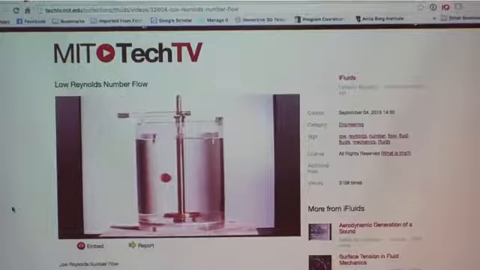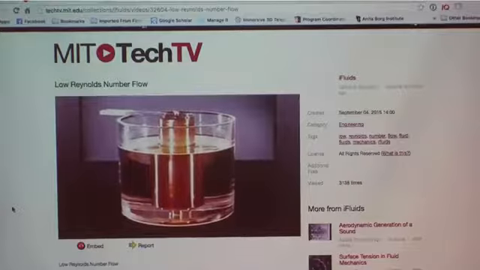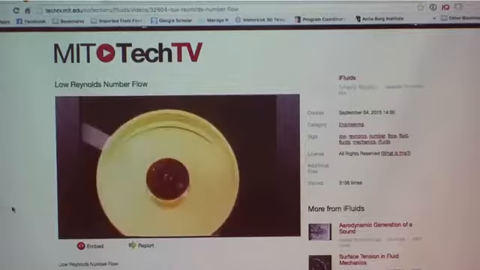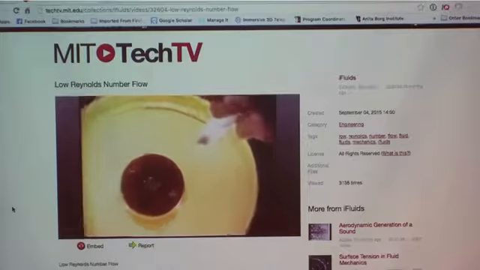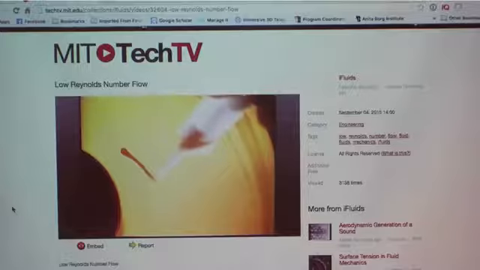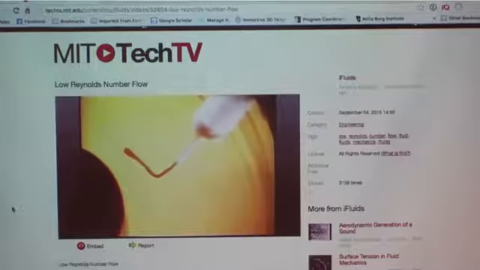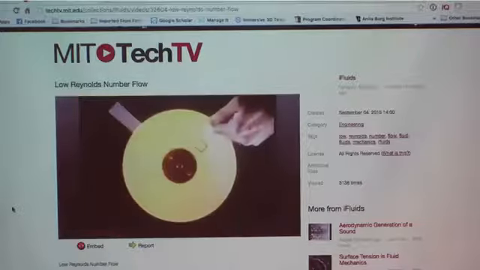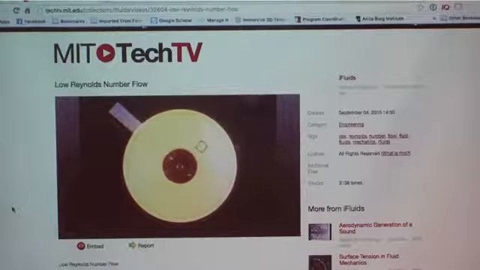To see what happens, we have a second apparatus that is filled with syrup. It has a wider gap, and we can look down on it. A little colored syrup is injected to mark the fluid. When the cylinder is turned, this fluid is stretched round the annulus.